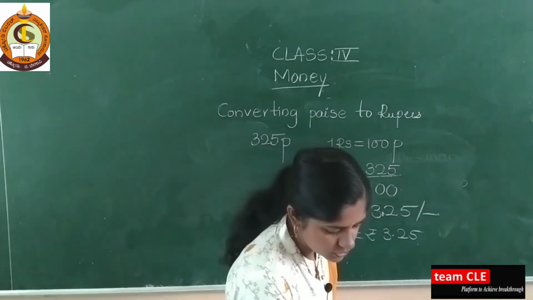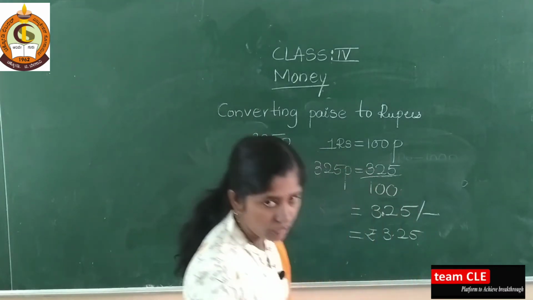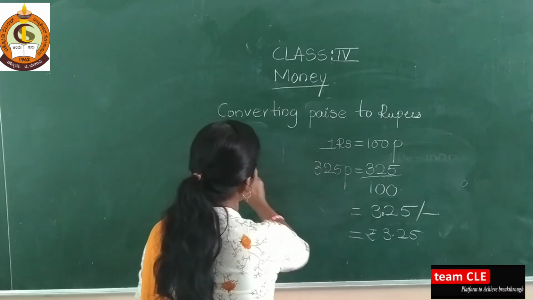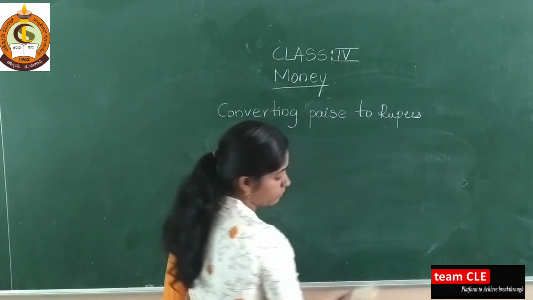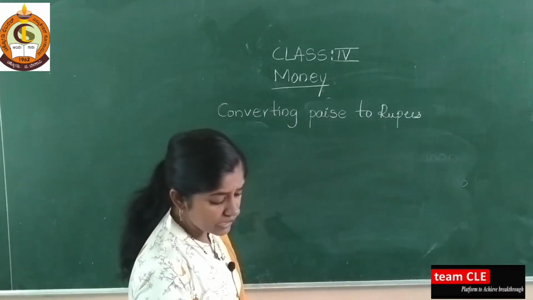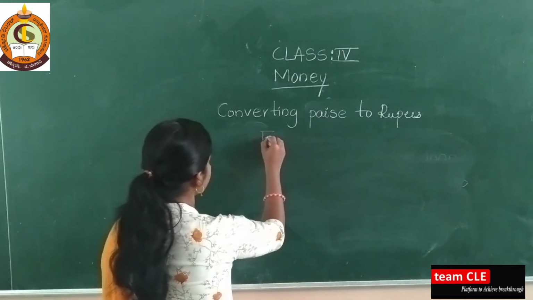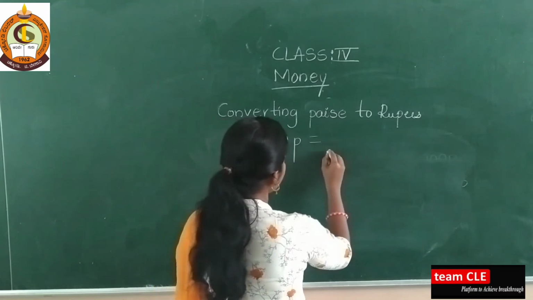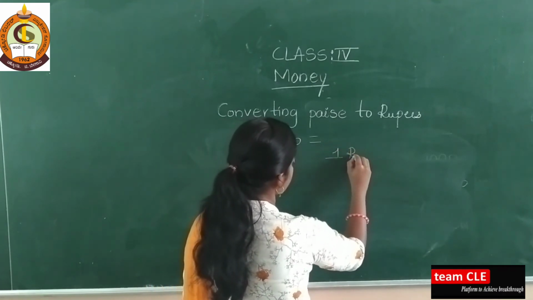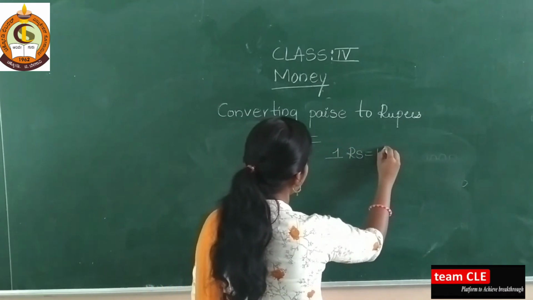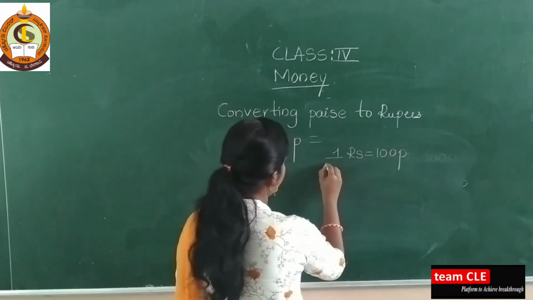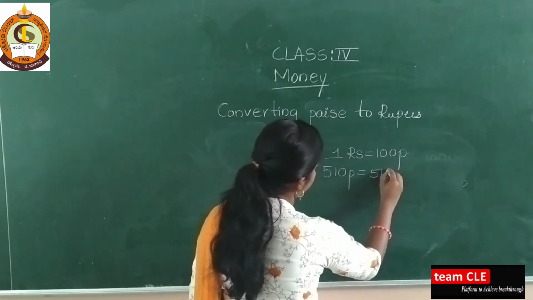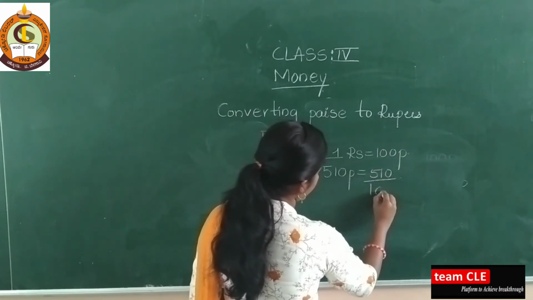Okay, here also, dear students, you have 8 questions. Among them I am solving 2. 1 is already on the board. So next take one more example. I will take 510 paise. Then you have to repeat the same procedure. 1 rupee is equal to 100 paise, and 510 paise is equal to 510 divided by 100.